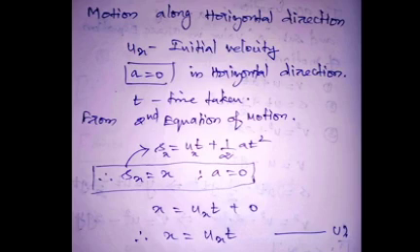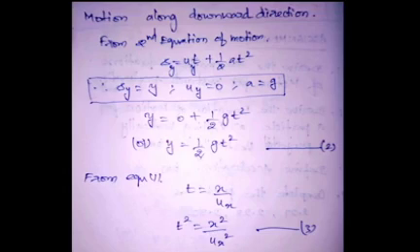Next we are going to find the motion in the downward direction. Downward direction means after the object reaches a certain height, it reaches the ground due to the acceleration due to gravity. Again we use the same formula, the second equation of motion, s equal to ut plus half at square. Now the object covers distance in the y direction, so the equation becomes s of y equal to u of y into t plus half at square.